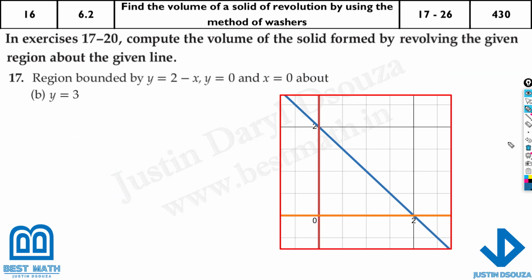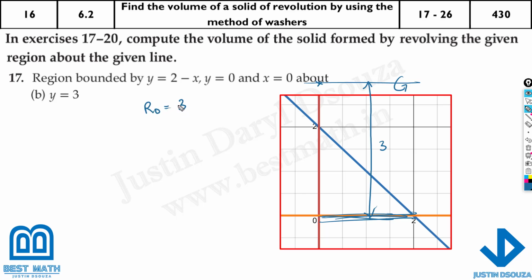So how do we do that? We know somewhere over here is the axis of rotation. So from here to the farthest point is this, right? And it's a flat line. How much is that distance from here to here? From 3 to 0, it is 3 units. So your outer radius is equal to 3.